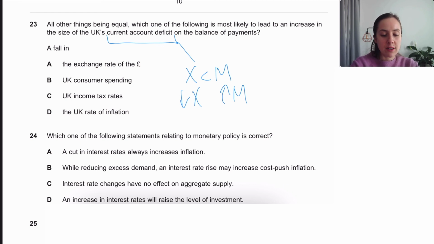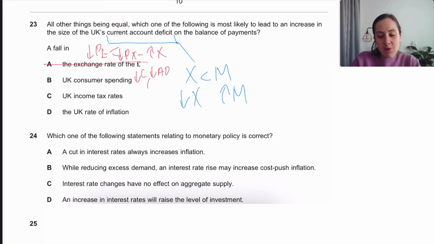If the exchange rate falls, if the price of the pound falls, we would expect the price of exports to also fall, and that should lead to more X. So that looks wrong. A fall in consumer spending: if C falls, AD falls, and output falls.